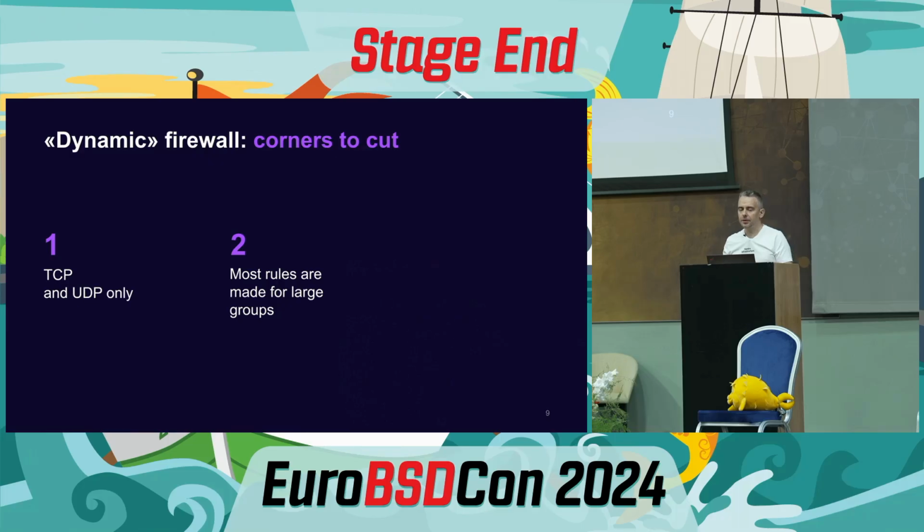Most of the rules in our rule set are made for large groups, especially groups like all staff members, and we will see how we deal with this to save some RAM and CPU usage. Another thing is that we do not want all users to be loaded into the firewall rule set. We can load them on demand, and when the user disconnects, unload the rules from the kernel.